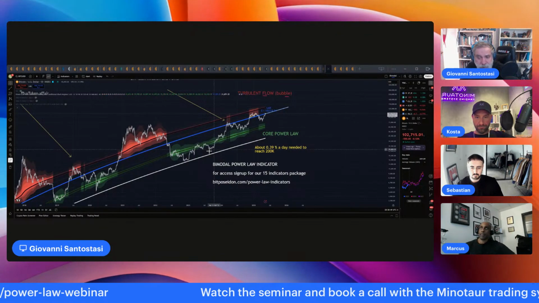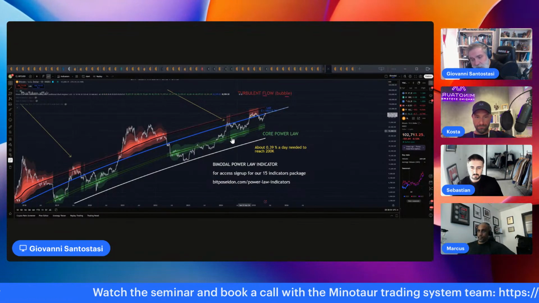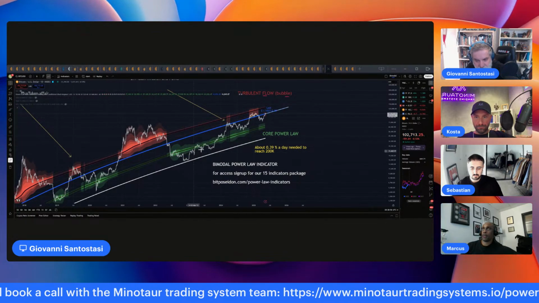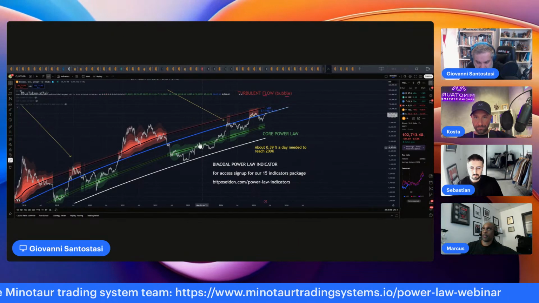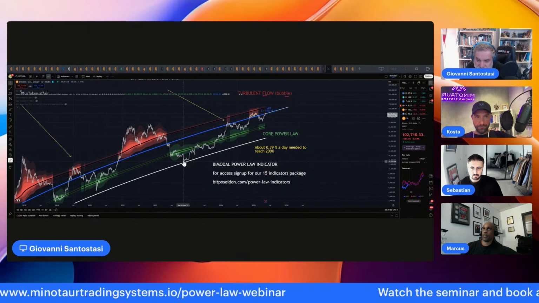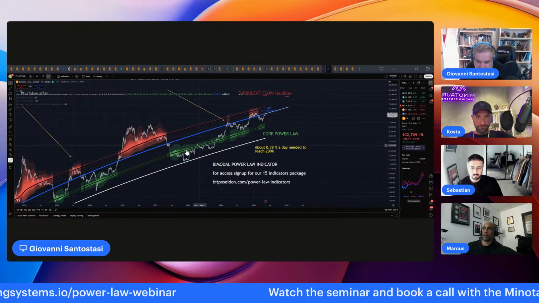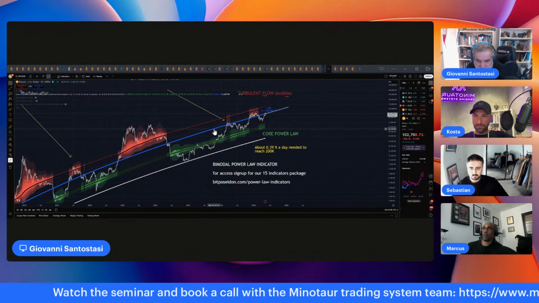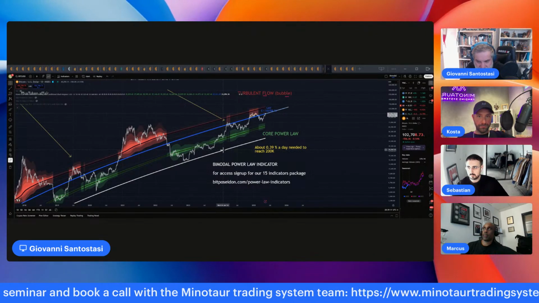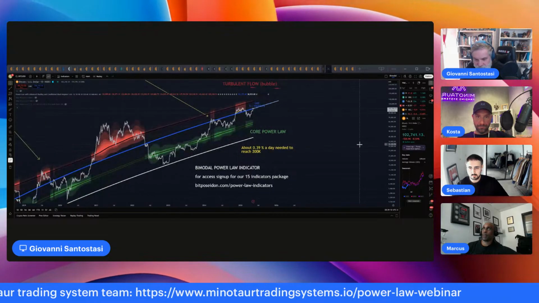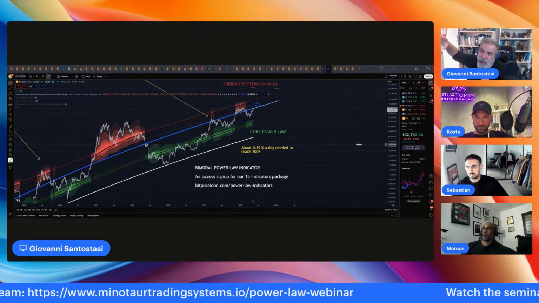But the main thing is that when the bull run starts, we spend 2 years at the core. And the core is not even the support. The support is kind of an extreme relative to where we spend most of the time, which is in this region between the blue and the white line. Some people who don't understand the power law say, oh, it's so wide, it can be anywhere.